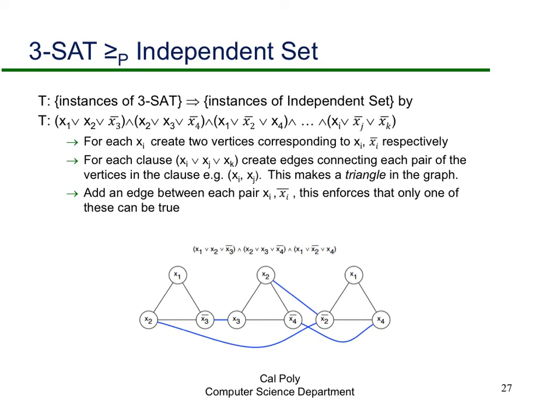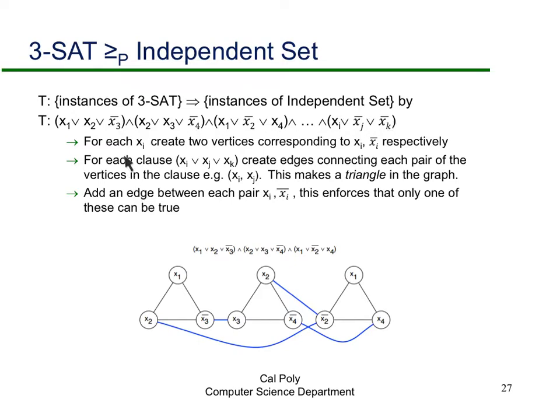So for every instance of 3SAT, in other words, for every set of clauses like this in conjunctive normal form, we need to produce a graph and a problem statement for what the problem will be in independent set that corresponds to this set of clauses.